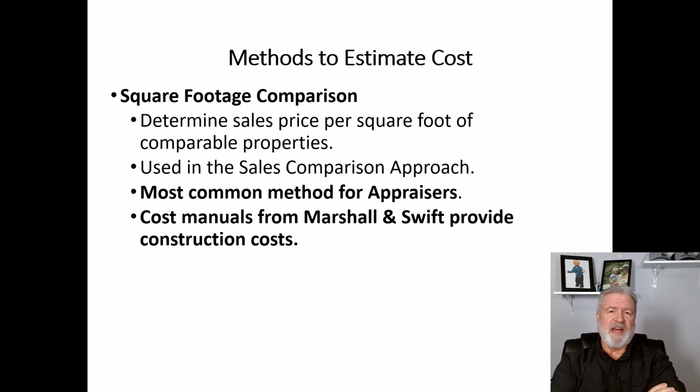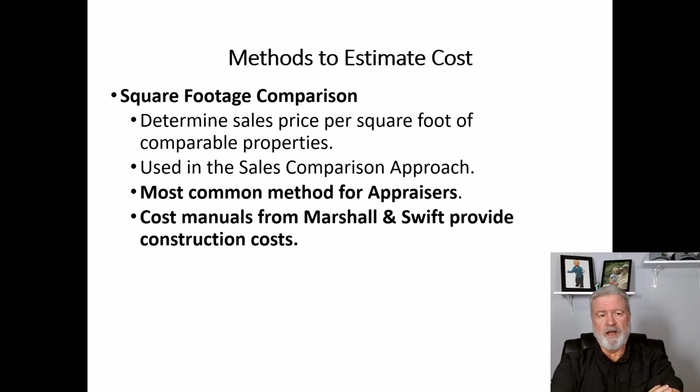Now, again, to try to figure out some of the cost here, a huge advantage that an appraiser would be using are cost manuals, and there are different companies out there that will produce what we call a cost manual, where you could look up how much it would cost to build a garage, what it would cost to build a deck, different components like that, and it breaks it down.